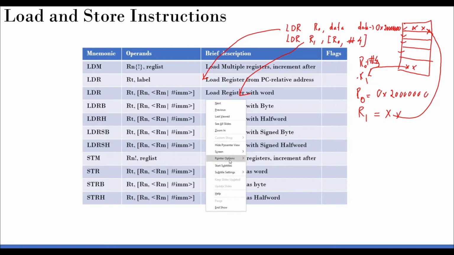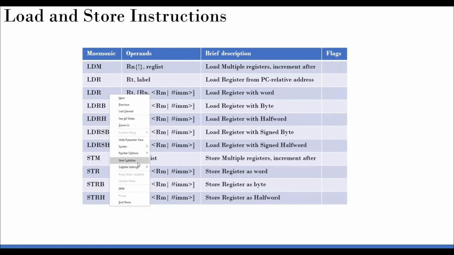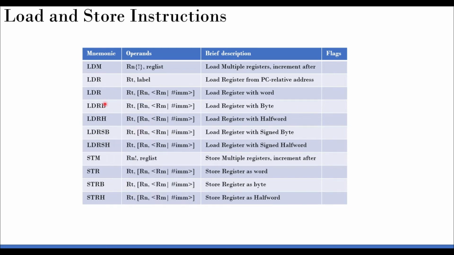Similarly, there is an option. Here the entire 32 bits will be loaded if I use this command, but if I want just the byte, just the 8 bits, not the full data, then you can use this command. I will have an example for this. Then for 16 bits, this is the command, and there is a sign option also.